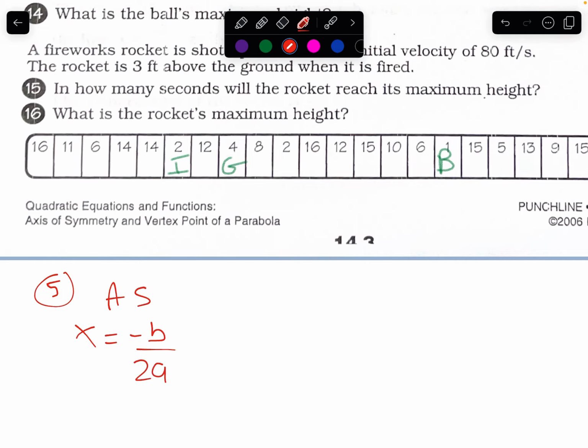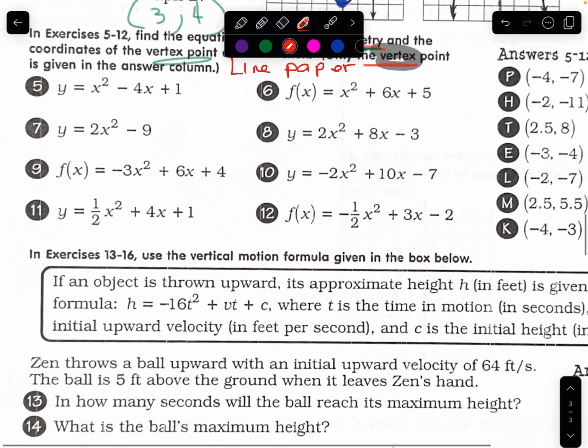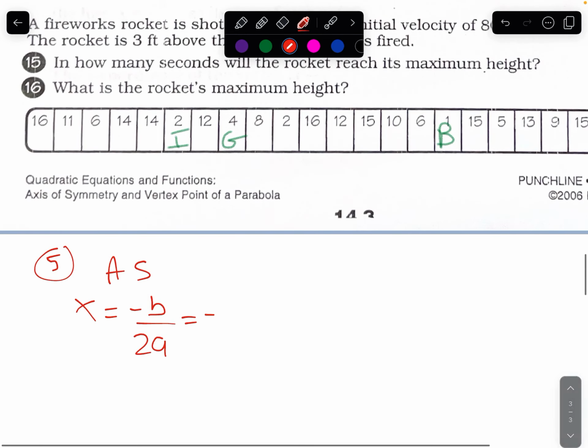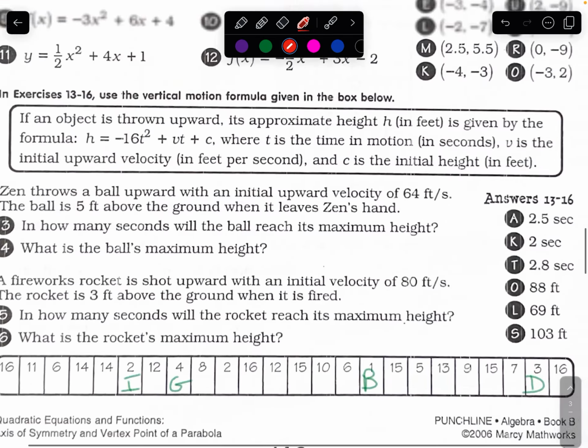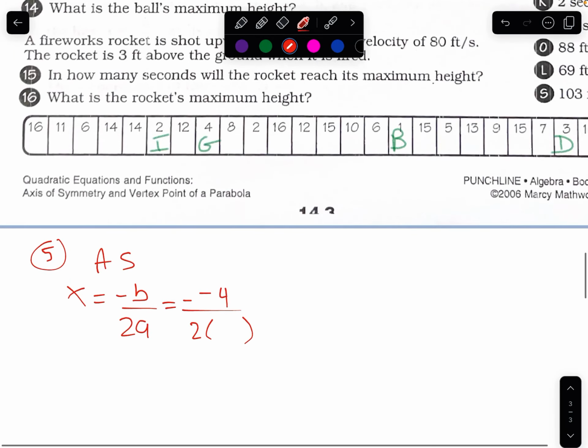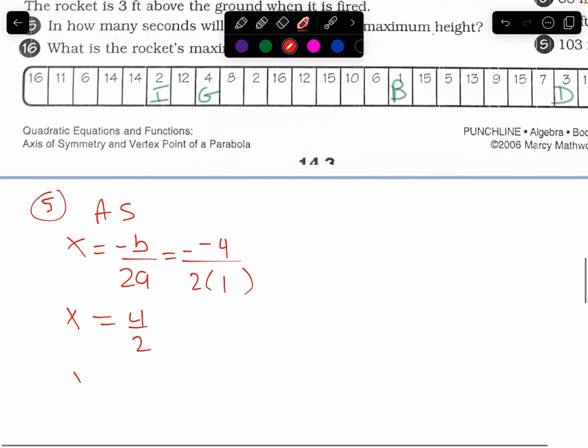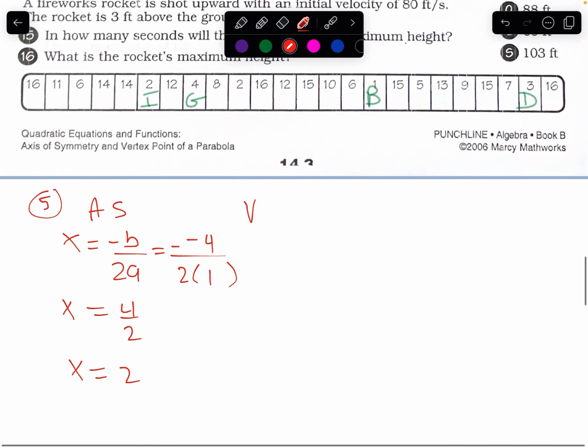I need the formula, okay? And then -b, this is -4, so -4 over 2 times a, which is 1. Yep, a is 1, so x equals 4 over 2, so x equals 2. So your vertex, label it 2.